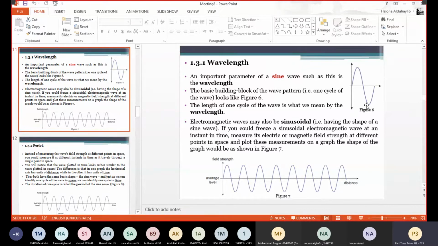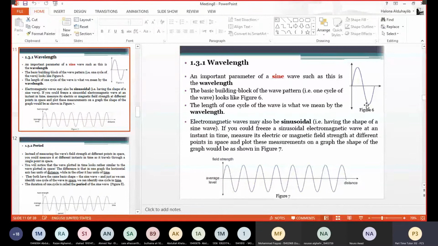The length of one cycle of the wave is what we mean by wavelength. So this is actually one cycle, we call it one wavelength.